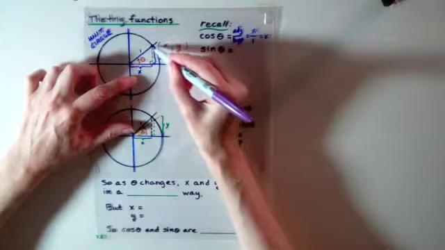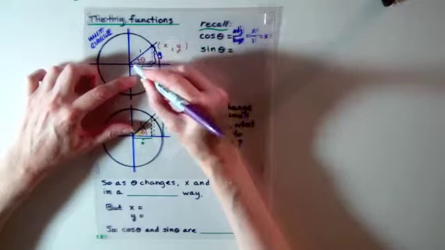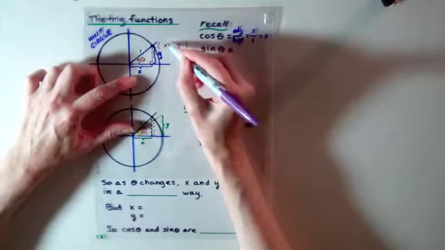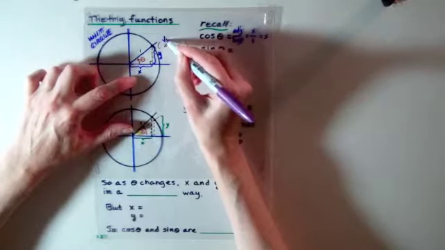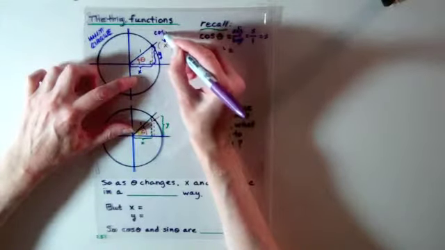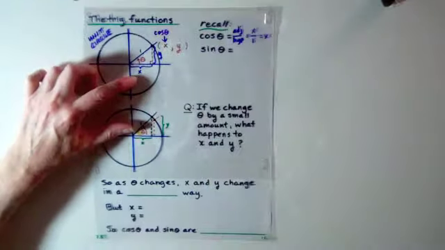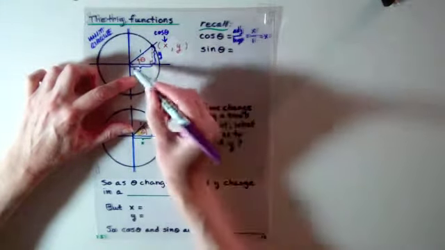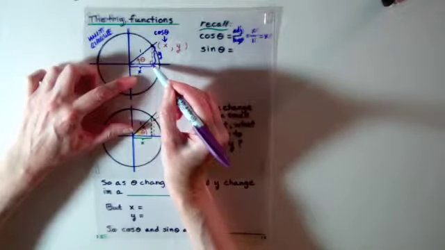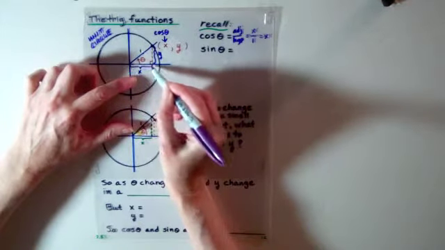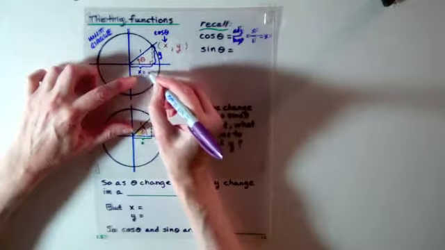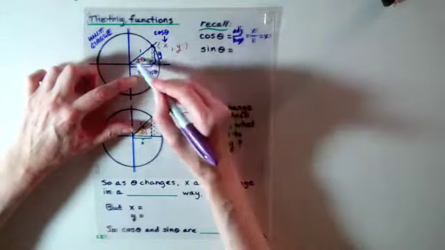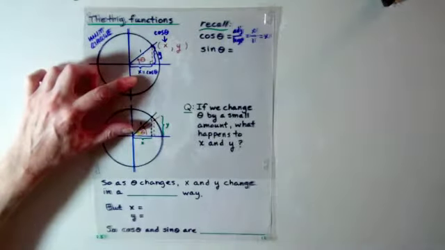That means that whatever point the terminal side of my angle intersects the unit circle at, the x coordinate of that point is exactly equal to cosine of my angle, theta. So x is the same thing as cosine theta. This distance right here in my little right triangle, the adjacent side, is cosine theta, as long as I'm dealing with a unit circle and this hypotenuse is equal to the number 1.